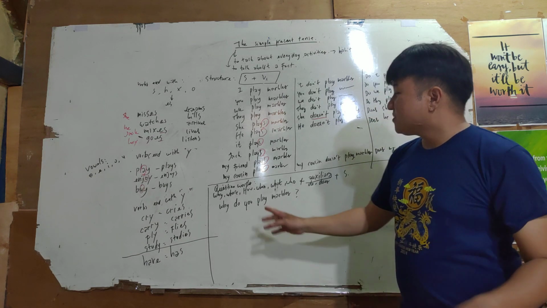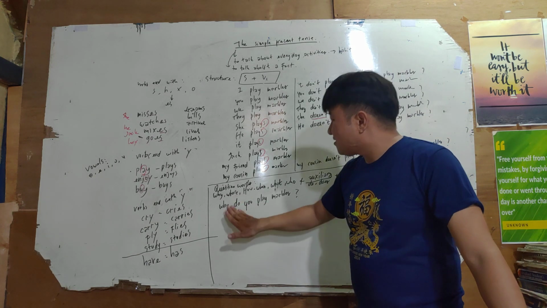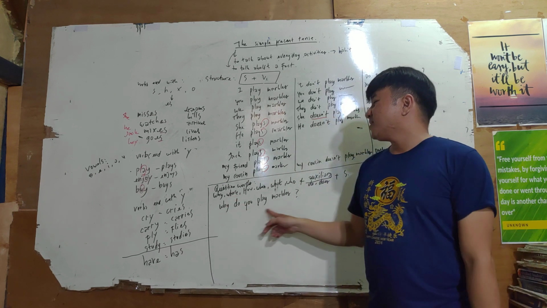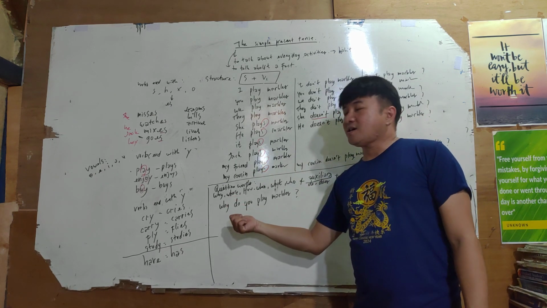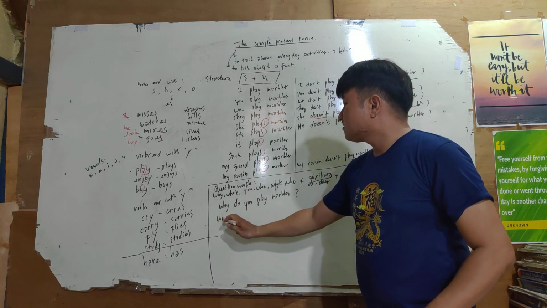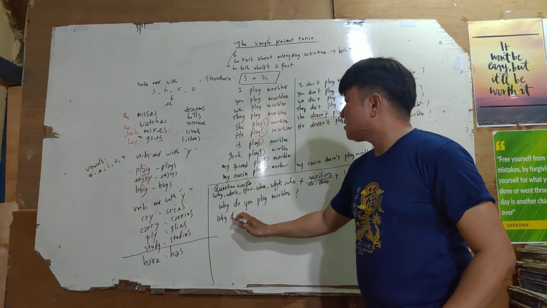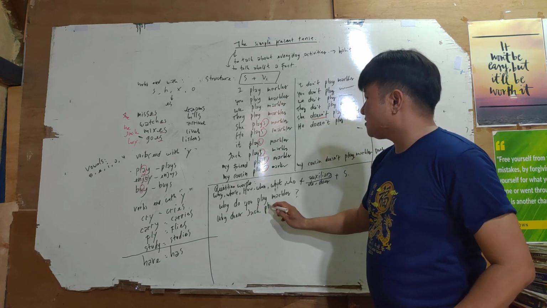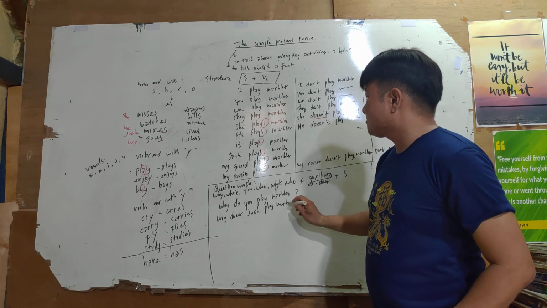Okay, many of my students say it like this: why you play marbles? It should be why do you play marbles? There should be an auxiliary after the question word why. Why does Jack play marbles?